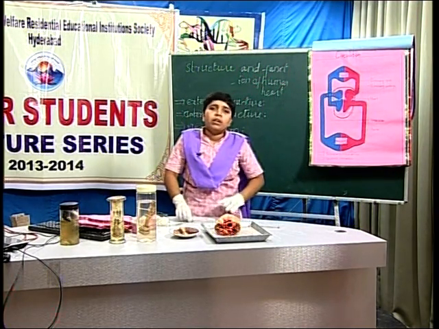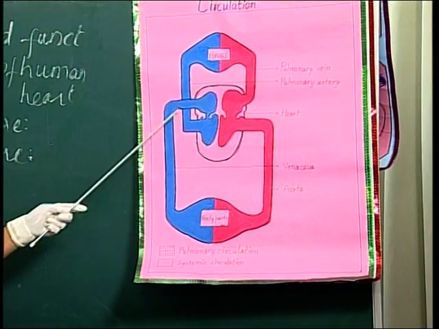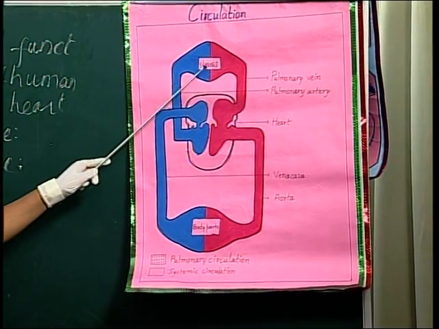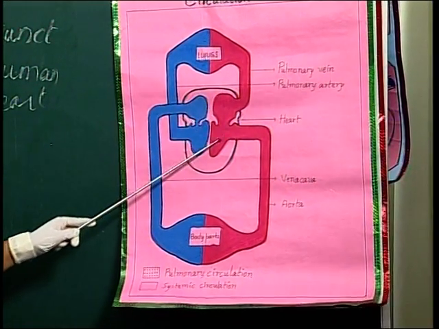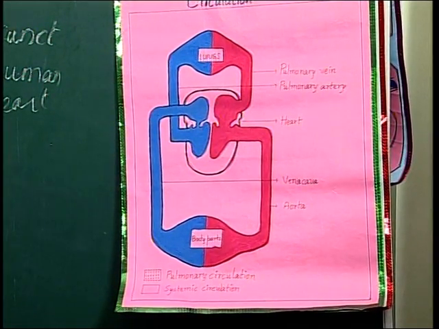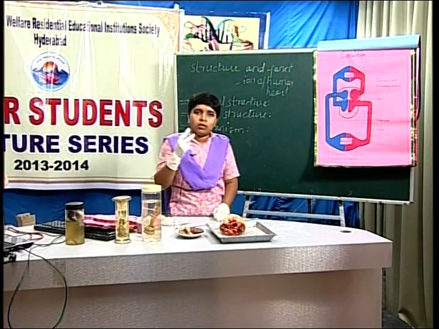The blood from the different body organs enters the heart, and from there it goes to the lungs, where it gets oxygenated, and from the lungs it comes to the heart, and from there it goes to different body organs. It means the blood is passing through the heart two times.